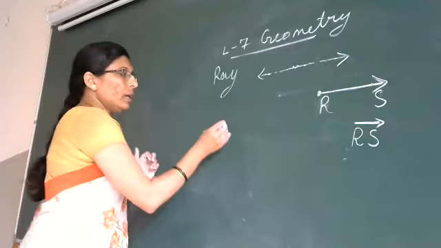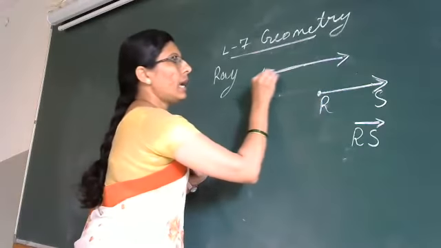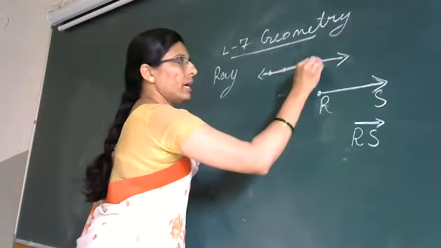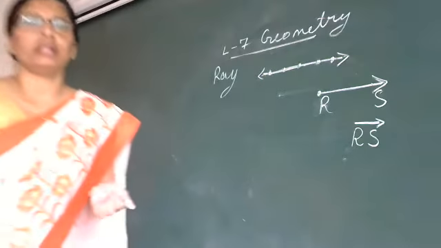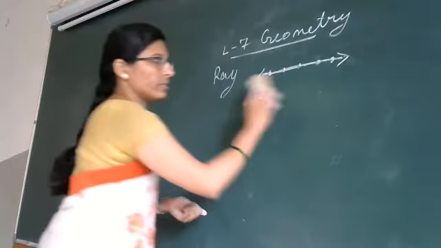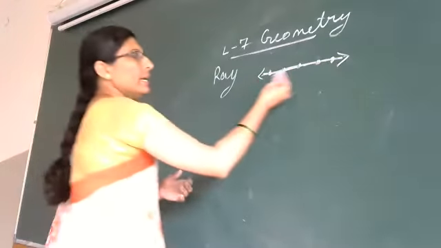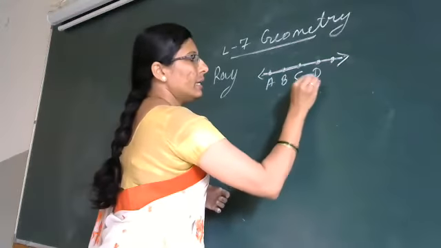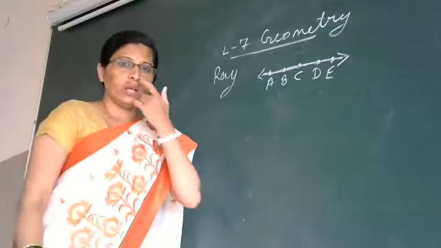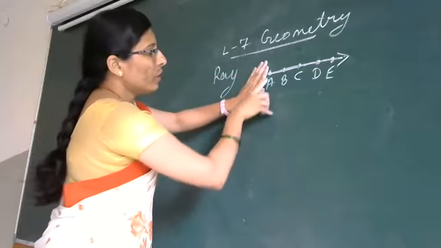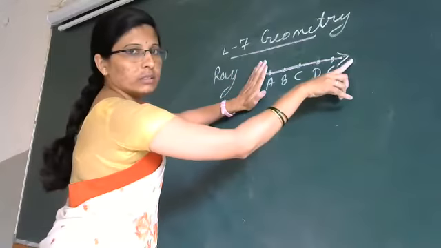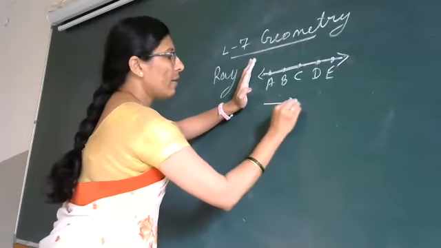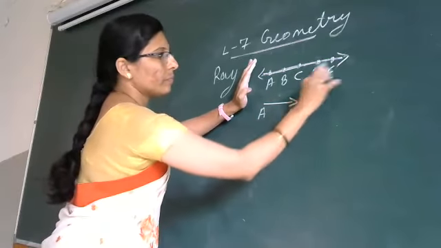Yes, ma'am. Okay. Now if this is a line, it is made up of many points. I told you, this is made up of many points. Now, if I name these points as A, B, C, D, E. If I remove from A to E, this part, that will be ray AE.